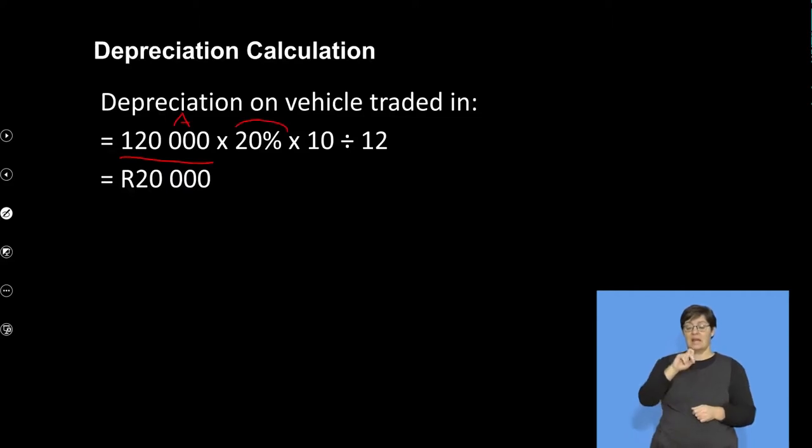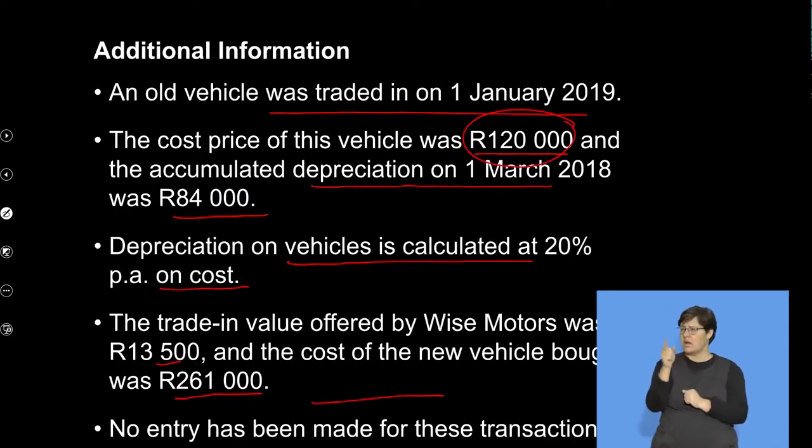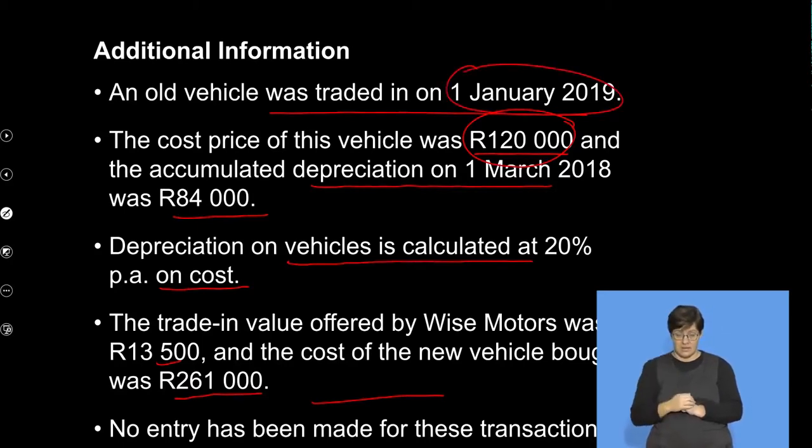Your rate is 20%, 20 over 100, times your time. Now, this is important. When did the trade-in take place? The trade-in took place on the 1st of January, meaning you have used this vehicle for March, April, May, June, July, August, September, October, November, and December. That will give you a total of 10 months.